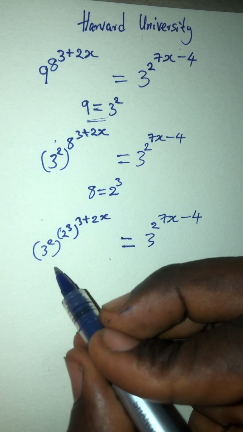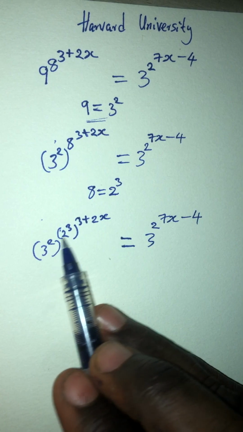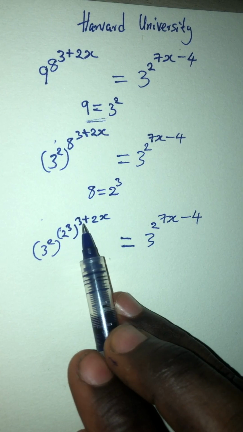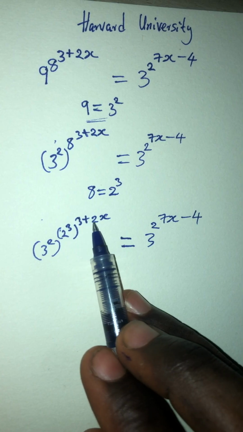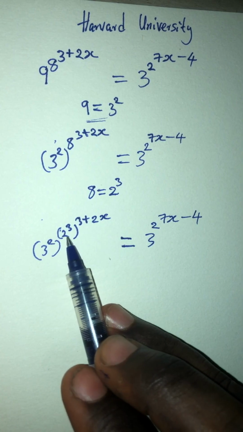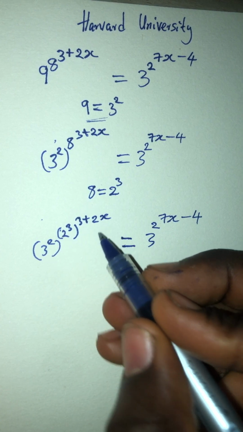So from here we know that 3 can multiply 3 raised to 3 plus 2x, and 2 can multiply 2 here. So let's first of all deal with the left side.